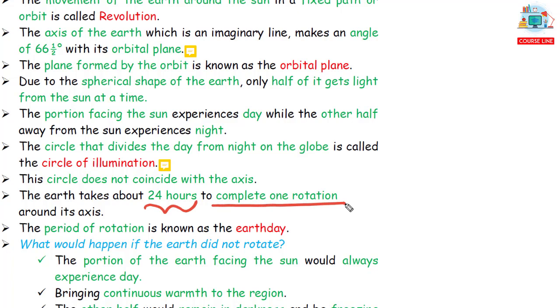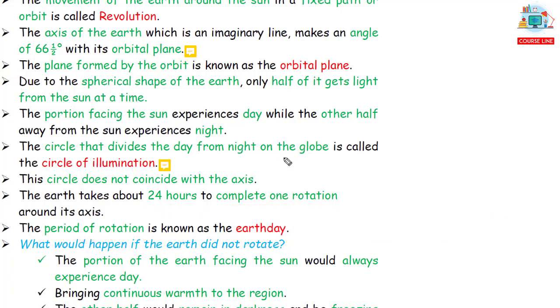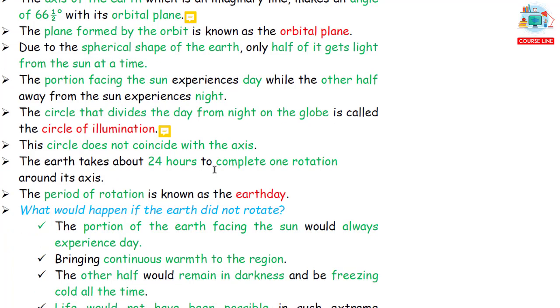The period of rotation is 24 hours. The period of rotation of the earth is termed as earth day. We call it earth day. 24 hours is equal to 1 day, or 1 day is of 24 hours. Clear? Okay, let's move ahead.